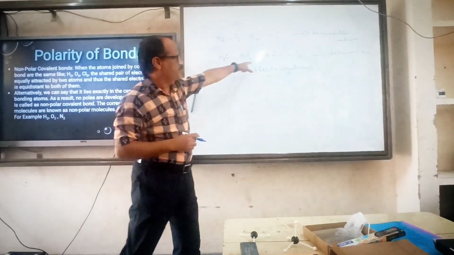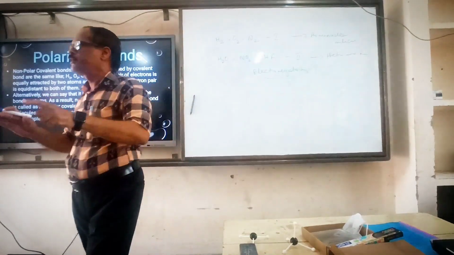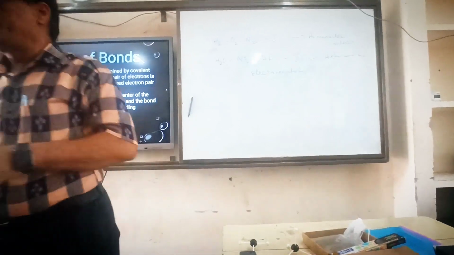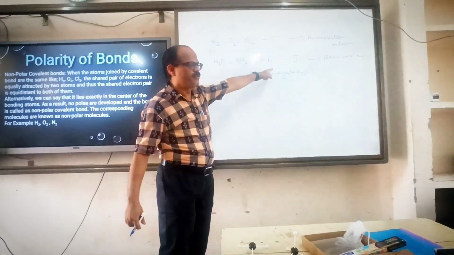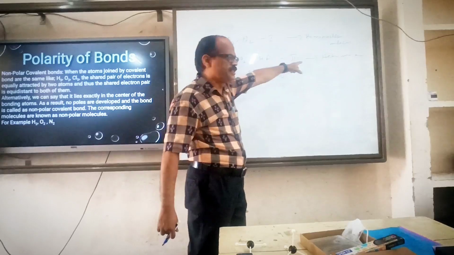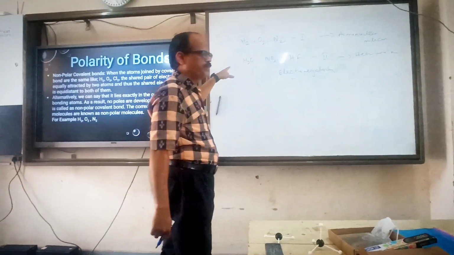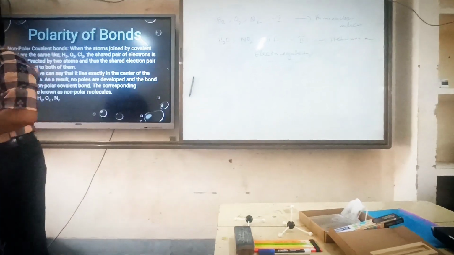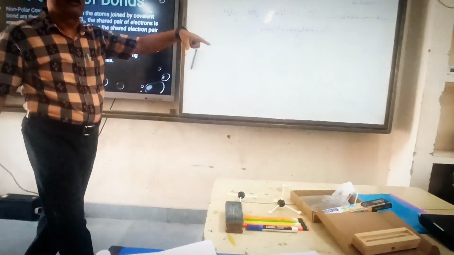Definitely because of dissimilar atoms, and we know that different elements have different electronegativity. So since it is heteronuclear, some electronegativity difference you will observe, and in first case no electronegativity difference you will find because it is homonuclear molecules.